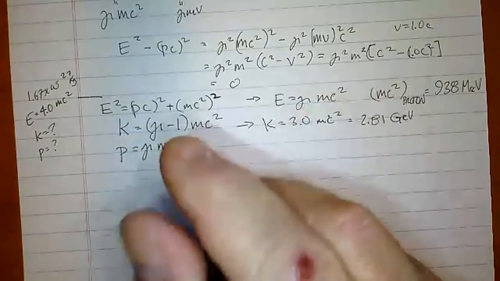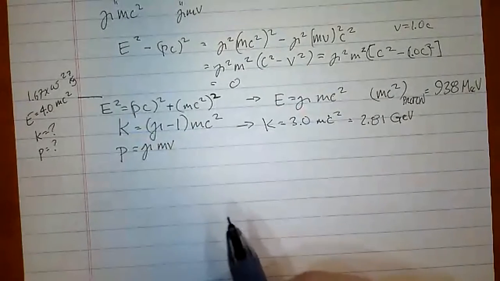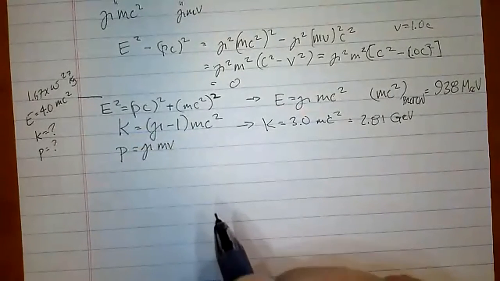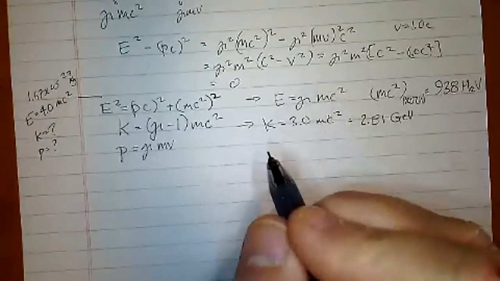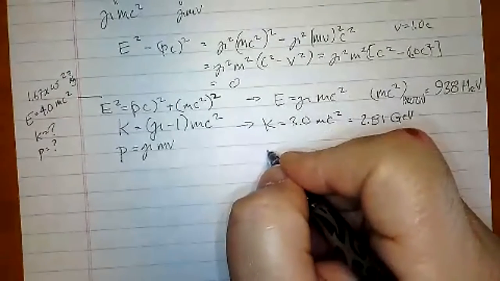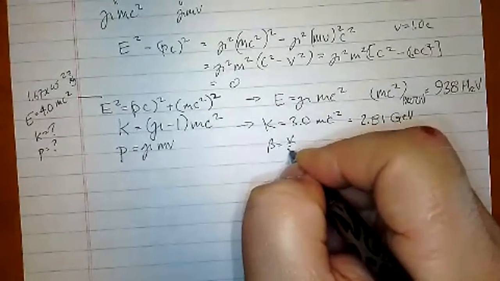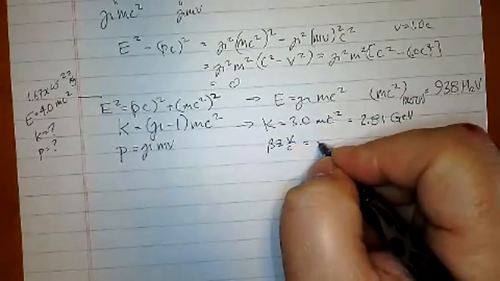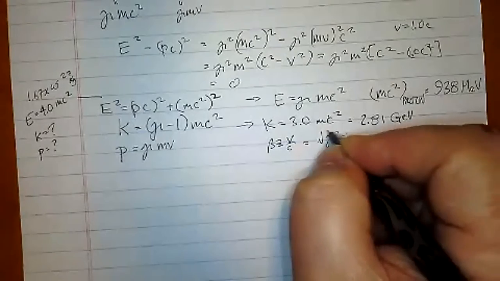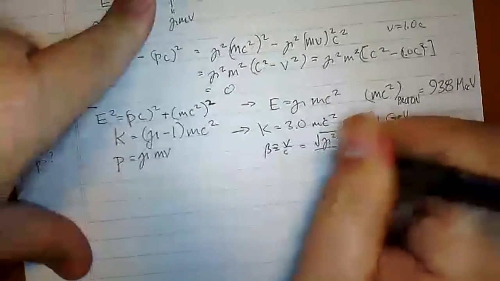So in this case, you actually have to do the brute force thing, use the 1.67 times 10 to the negative 27th for the mass. You also got to figure out what V is. And of course, remember beta, which is defined to be V over C. I've solved this for you before, but it's the square root of gamma squared minus 1 over gamma.